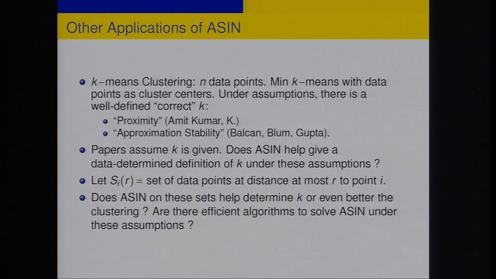You can, but you have to have a criterion, which is arbitrary in some sense. So this wants a principled definition of k from the data, but of course that requires assumptions, unfortunately.